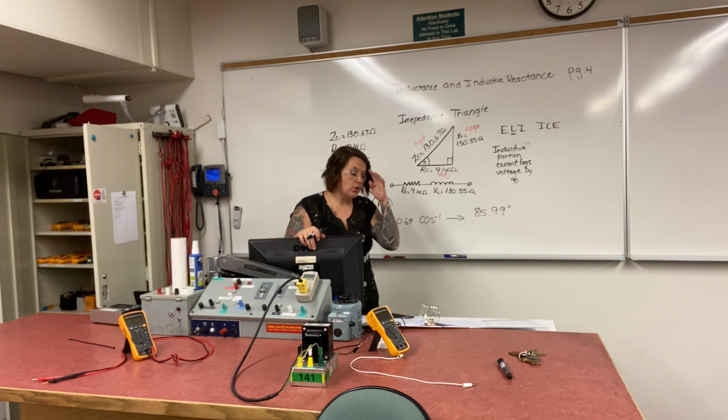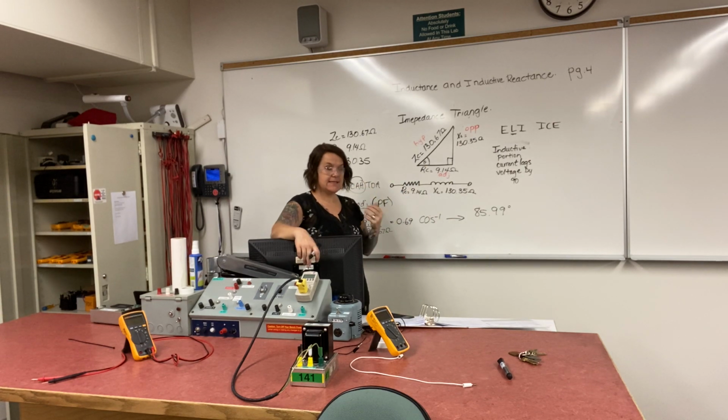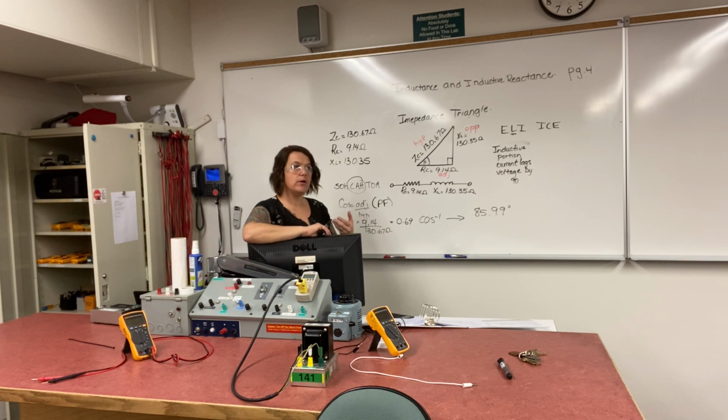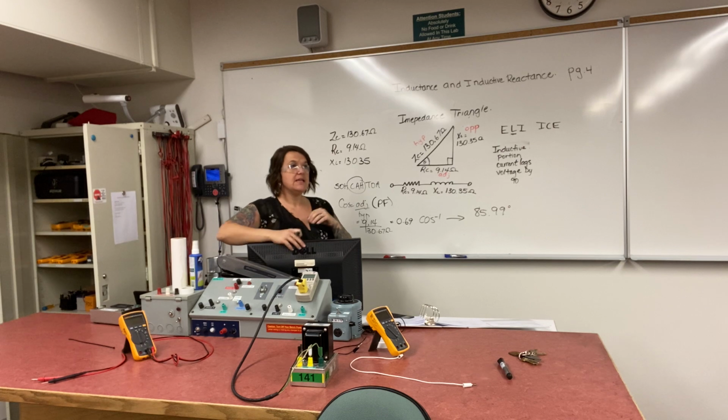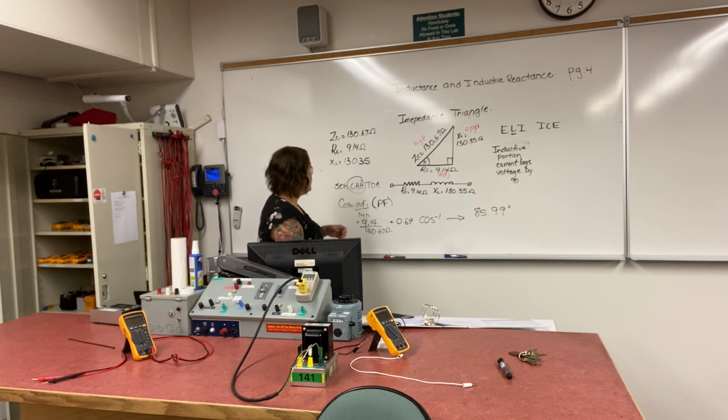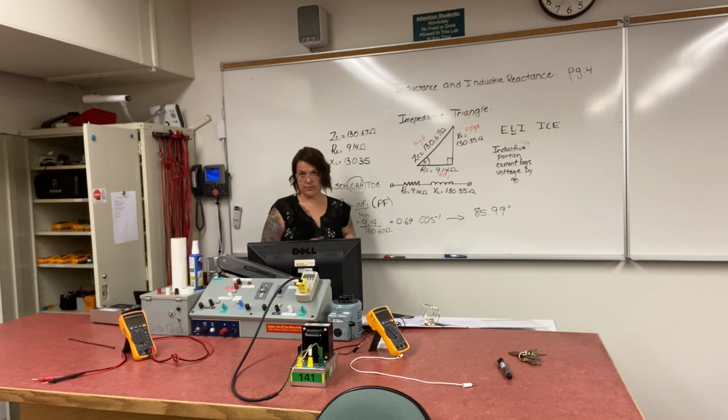Okay, so like I said, this is just an introduction to some of the variables and things that we will be expected to calculate when we start dealing with inductors in series with resistive loads, inductors in parallel with resistive loads. So this is just a little bit of an introduction to what's expected. The point of this lab was to confirm that your AC resistance is much higher than your DC, which we have done.